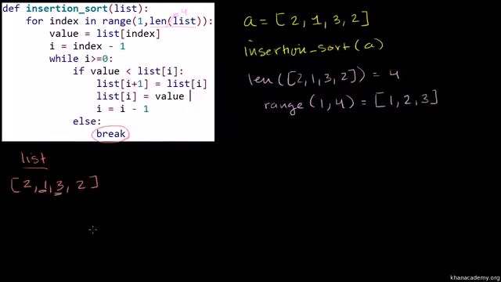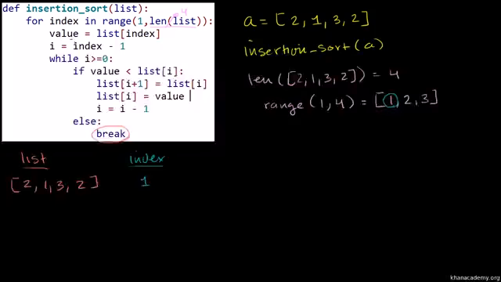So let me just create our variable index, whose scope is inside of the for loop. Index is going to start off being the first item in this list right here, the list generated by range 1, comma, len of list. So index is going to start off being 1.